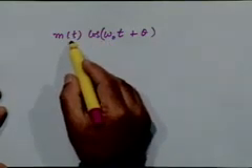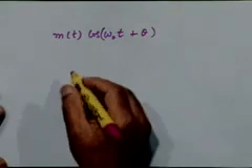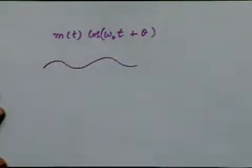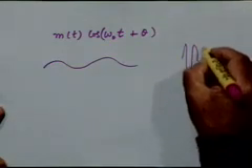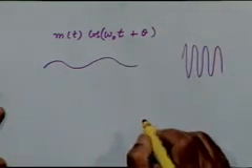So let's say the highest frequency component of m of t is much smaller than omega naught. Let's say this is your message signal m of t, this is what the waveform looks like, and the carrier looks something like this, a cosine wave of much higher frequency.